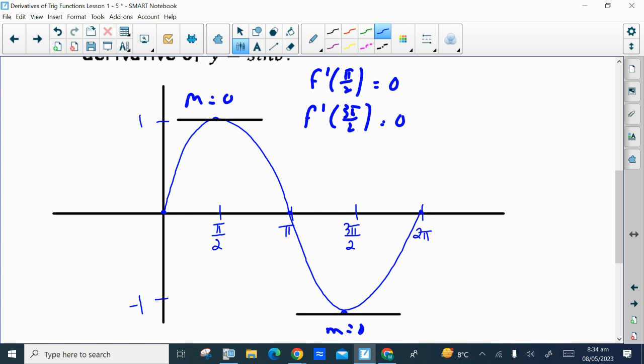If we look on the unit circle and see specifically what's happening at those 2 points, at pi on 2 the coordinates are 0, 1, and at 3 pi on 2 the coordinates are 0, -1. What we see that those 2 points have in common is that both are where the cosine equals 0. So this would lead us to believe that perhaps the derivative of sine equals cosine.